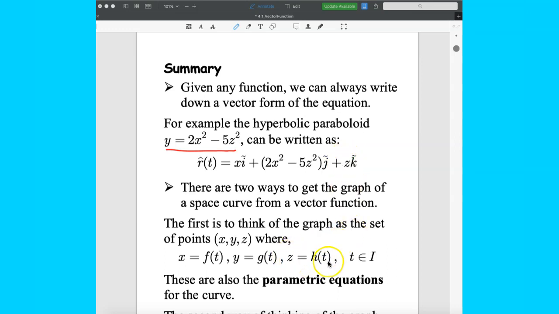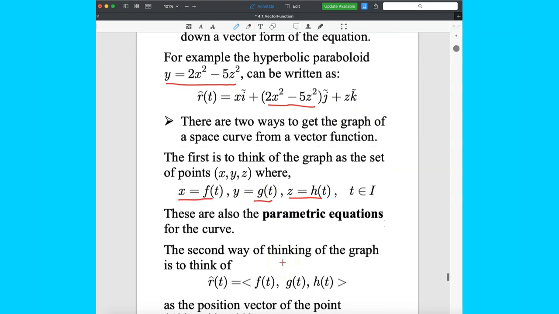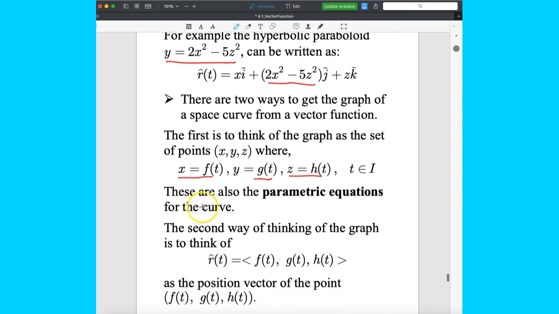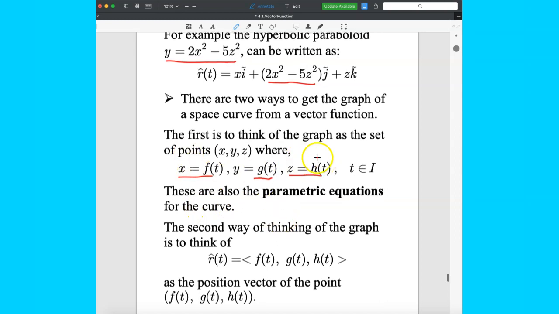And how about y? y depends on 2x squared minus 5z squared, where x and z are functions of t, so at the end you will get y in terms of t. We can say this is a parametric equation.